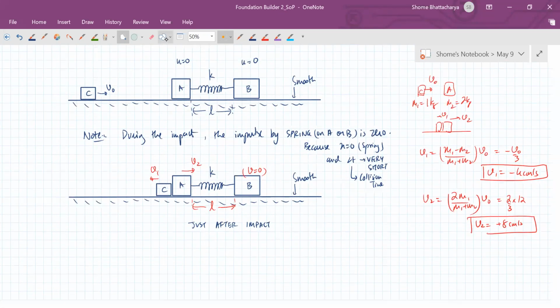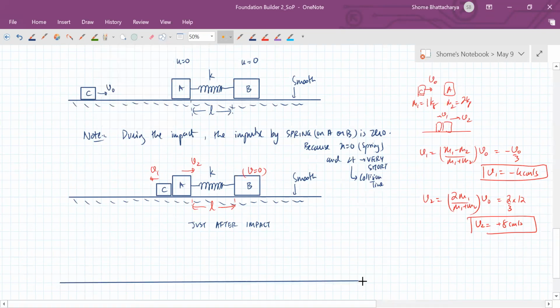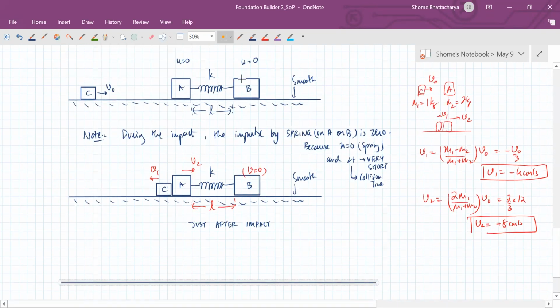Now, next, if we see some amount of time after the collision, what is happening? Then the story has again changed a bit. So C is, of course, going backwards. So C has come back somewhere here. A has moved forward, but B has also moved forward.